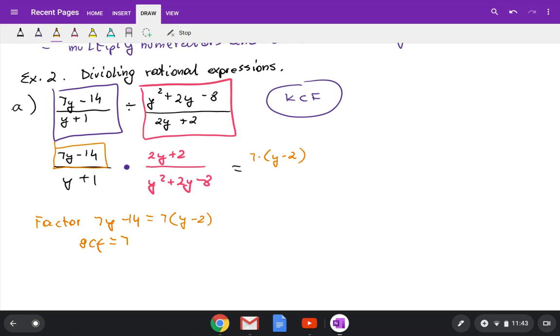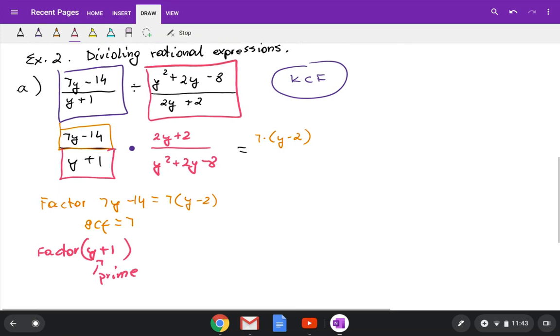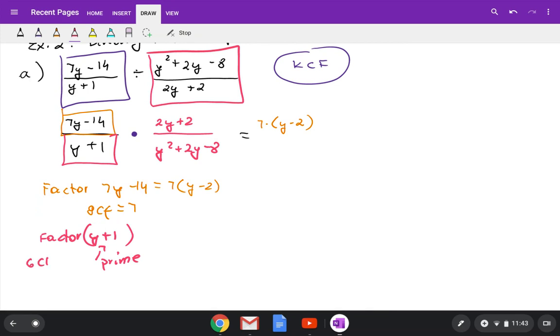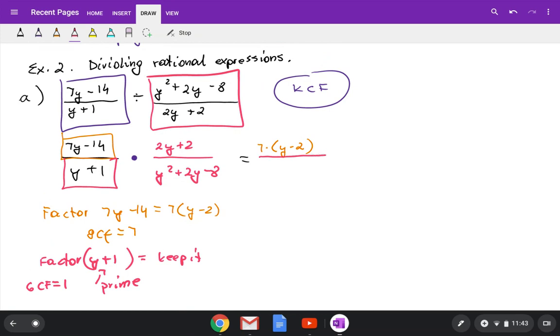Next, I'm going to factor y plus 1. Since y plus 1 is prime, why is it prime? Because the greatest common factor is only 1. There's nothing else, so we're going to keep it the way it is. Let me rewrite that as y plus 1.